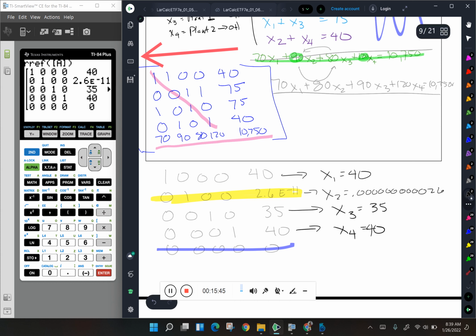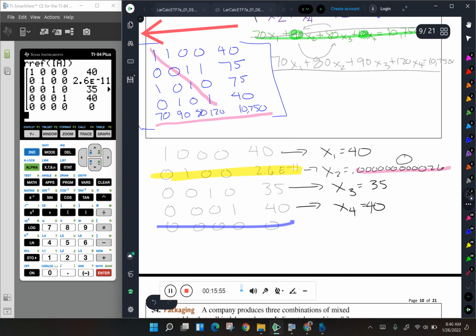I think that's the calculator's way of saying 0. But it couldn't quite get there. So it looks like our solution for our system is that x1 is 40, x2 is 0, x3 is 35, x4 is 40, and that row of zeros on the bottom is just what happens when you have more equations than variables and you're solving using this system.